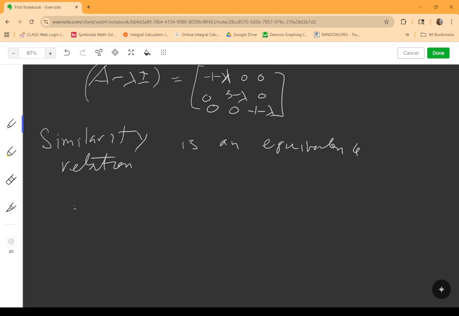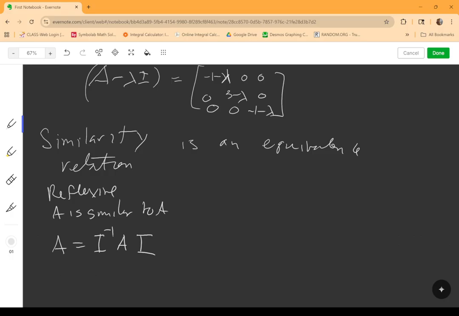In other words, the three properties are: reflexive, A is similar to A. Here we could say the identity matrix is the matrix S that you can generate to show similarity.